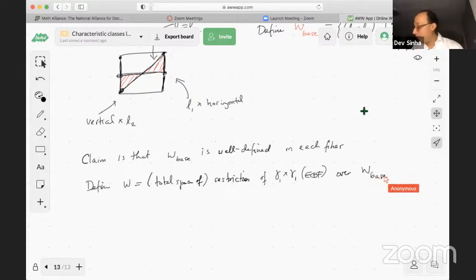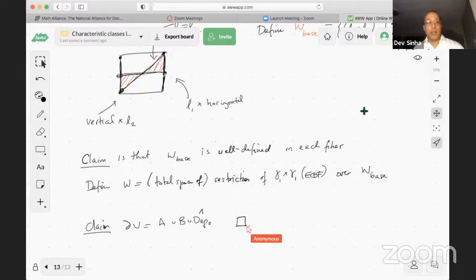And then the final claim is that the boundary of W is A union B union dep2 hat. And that will give the argument. I'm a little bit brief in these final words, but it really falls from this definition of this W.